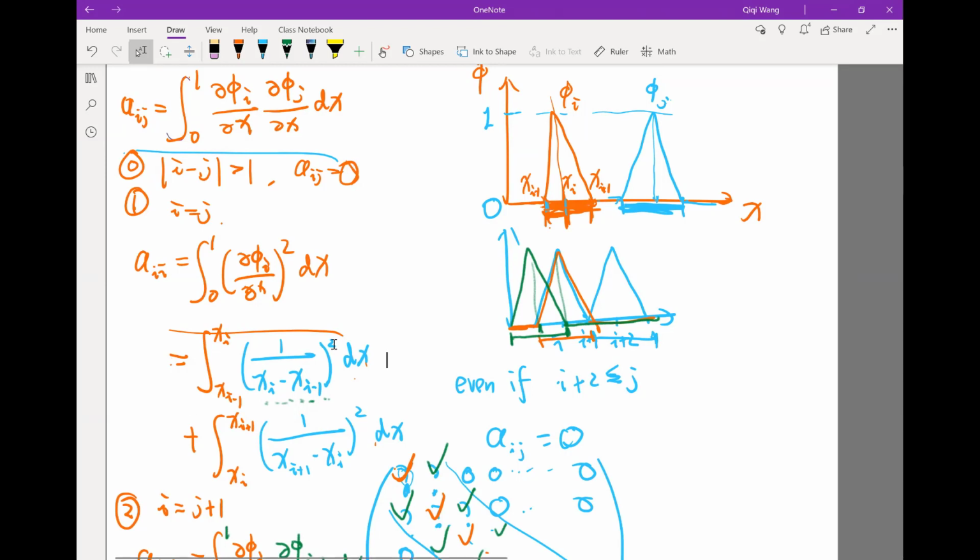Okay, so if you integrate this term out, what do you get? You get 1 over (x_i minus x_{i-1}) squared, but you get multiplied by the length of this domain, right? So that kind of cancels with one of these (x_i minus x_{i-1}). So you just get 1 over (x_i minus x_{i-1}).